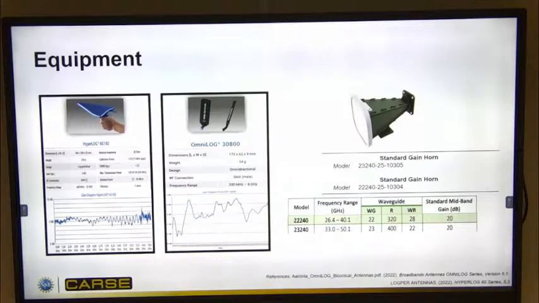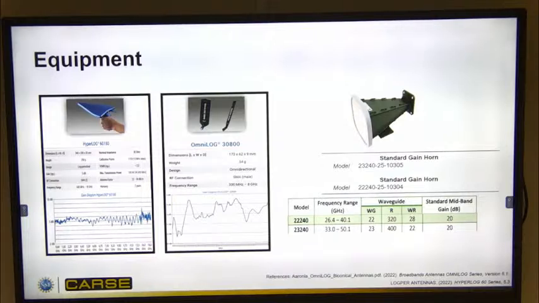And this leads me directly to the next point, which is the equipment. As part of the system used, we have the standard gain horn, the HyperLOG with a frequency range from 680 megahertz to 18 gigahertz.